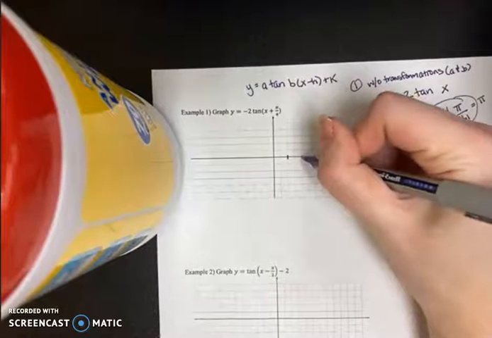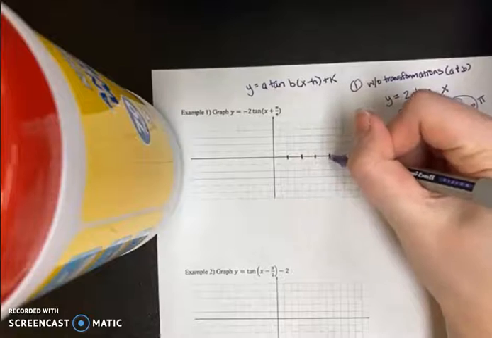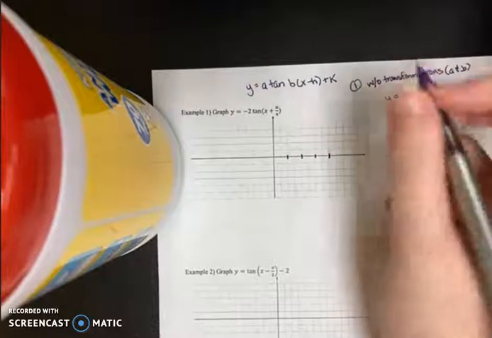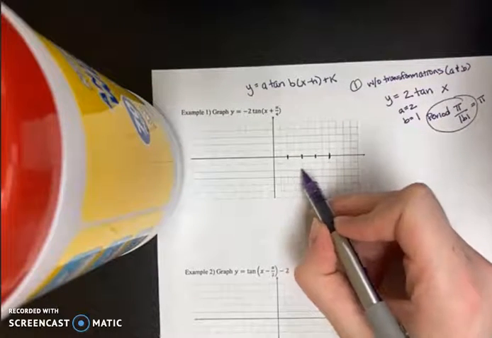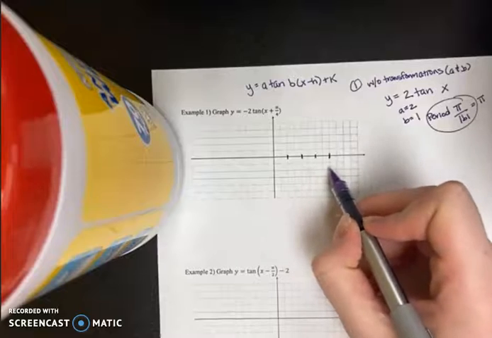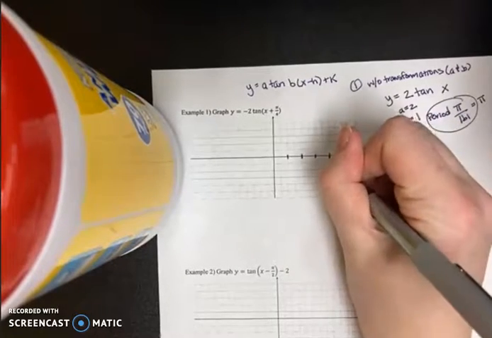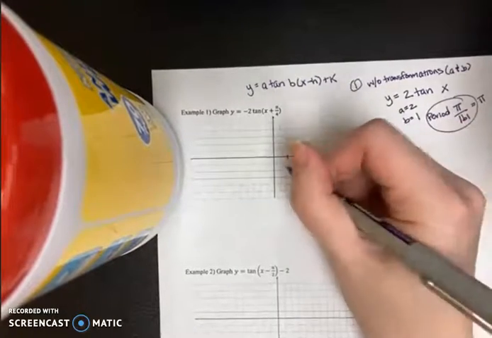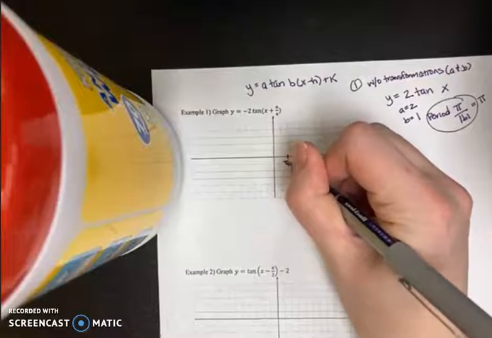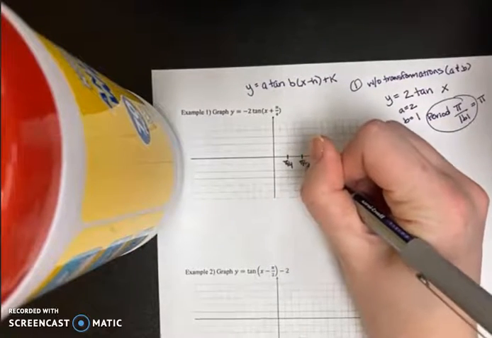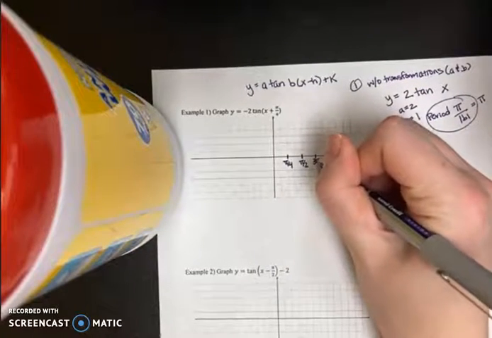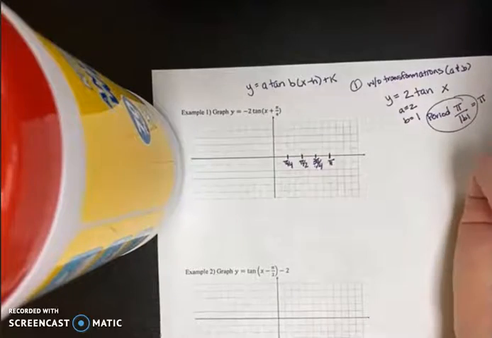So you can put 4 tally marks and label it 1/4, 1/2, 3/4, and the full period length. So the full period length is pi, which means 1/4 of pi is pi over 4, 1/2 of pi is pi over 2, and 3/4 of pi is 3 pi over 4.